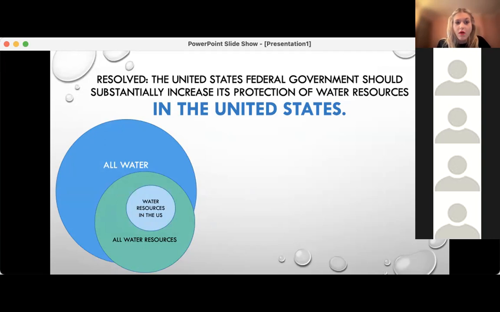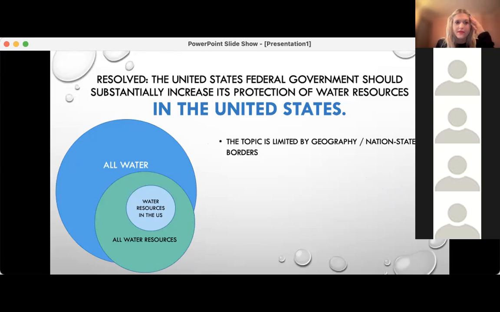We're only talking about water resources in the United States. So we have to pay attention to what in the United States means. If we're thinking about the ocean, not all of the ocean is within the territorial boundaries of the United States, but some of it is. And we have to think about, is the part of the ocean that's territorializing the United States part of the waters of the United States or not? It's going to be up for debate.